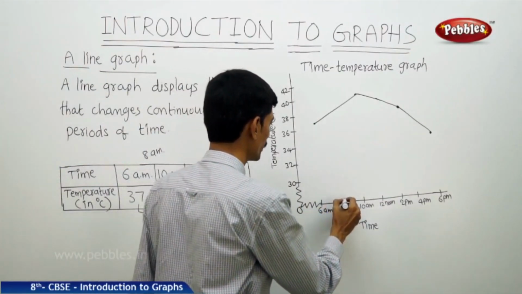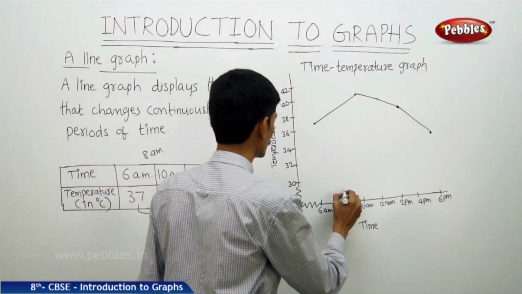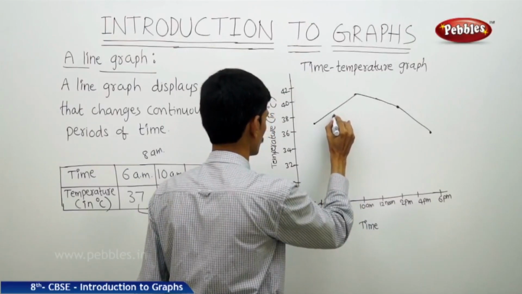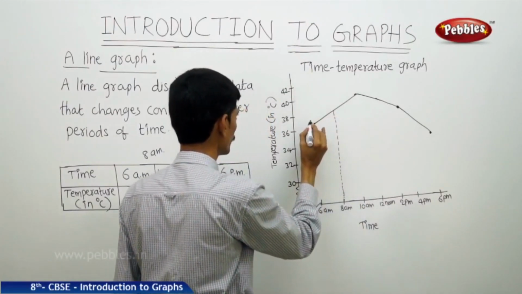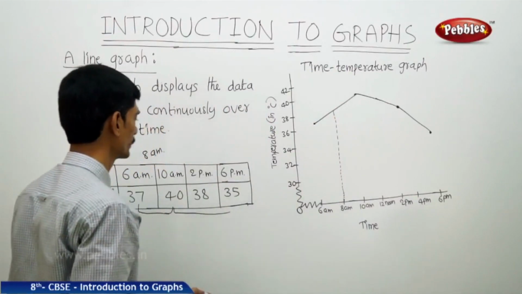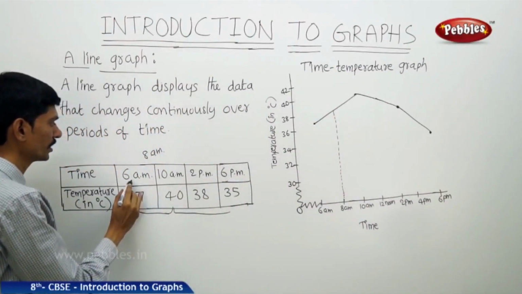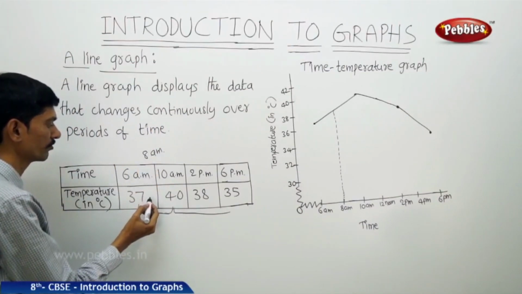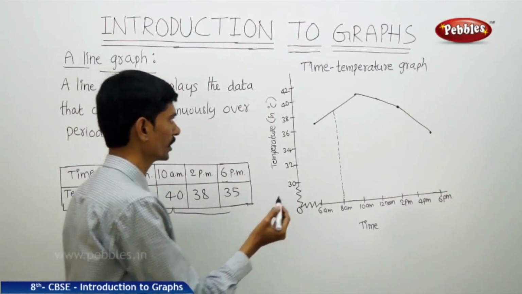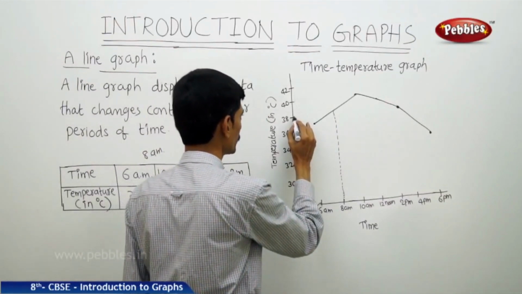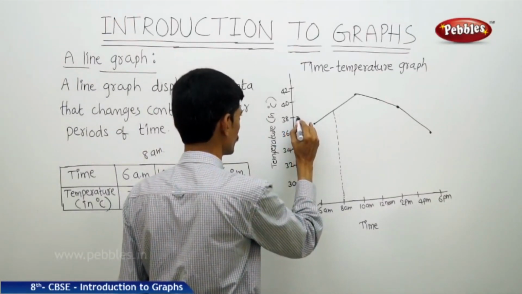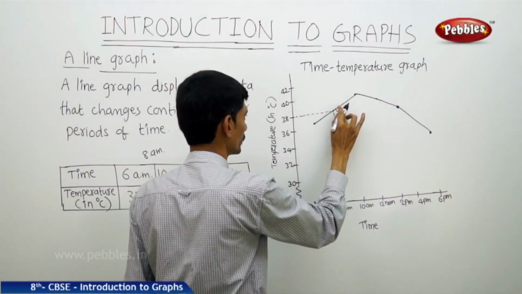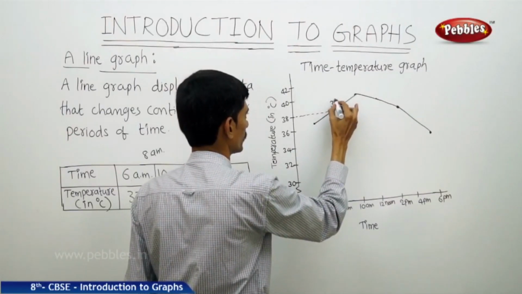If you draw a vertical line from 8 a.m., definitely it is more than 37, because from 6 a.m. to 10 a.m. the temperature was increasing. So approximately it may be 38 or 39. We can say that the temperature at 8 a.m. is 38 degrees centigrade.